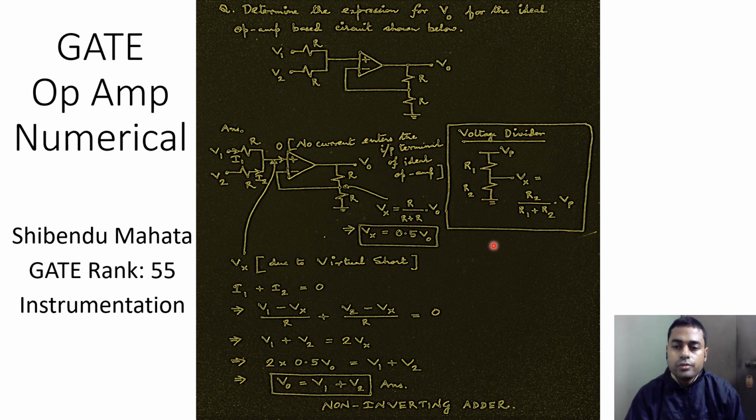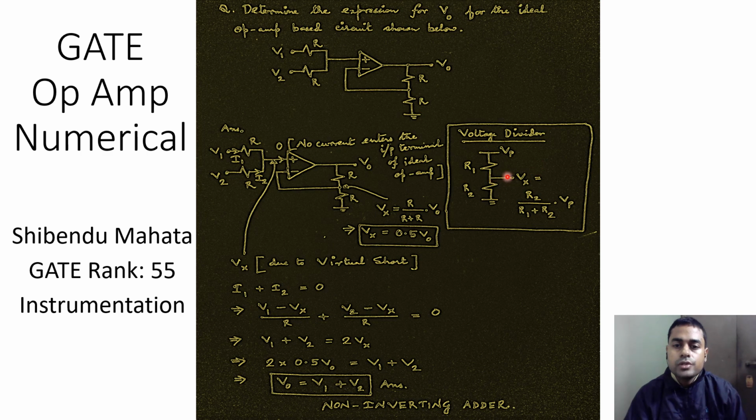There could be more than two resistances, but invariably in the circuits that are provided in GATE, they have two resistances like so, and we are interested in this midpoint voltage because this midpoint will be connected either to the non-inverting input terminal or it will be connected to the inverting input terminal.